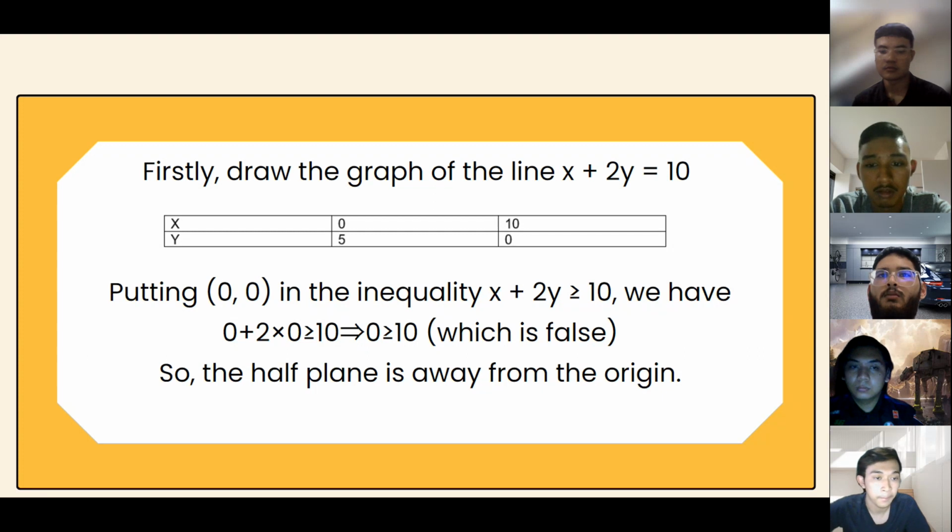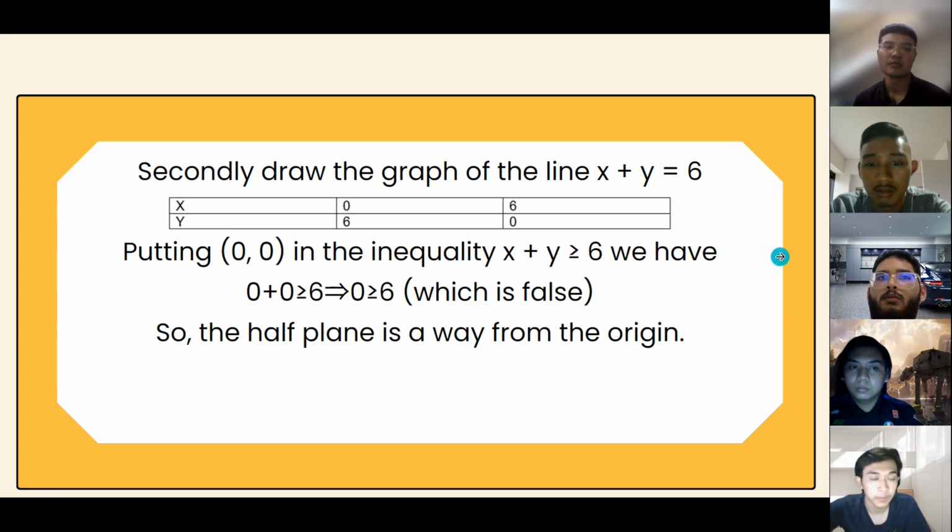Next, we draw the graph of the line X plus Y equal to 6. Putting 0, 0 in the inequality X plus Y more than or equal to 6, we have 0 plus 0 more than or equal to 6, which is also false. So the half plane is away from the origin.